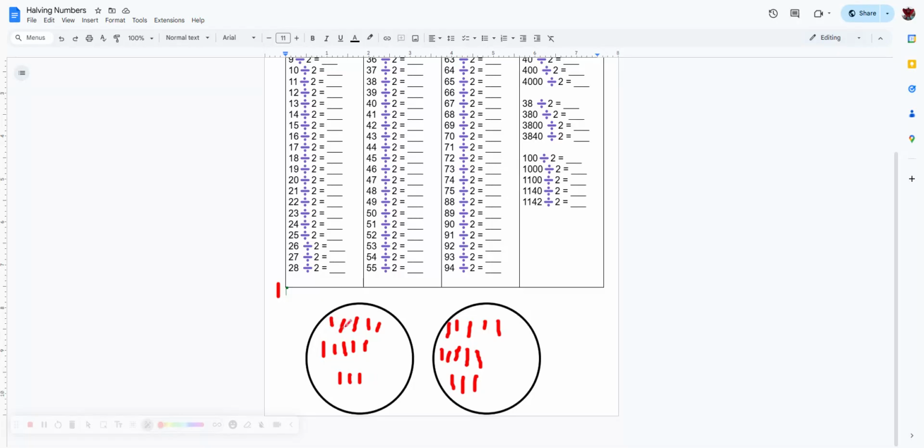All right, I reached 26. I've split 26 in half into 2 groups. How much is in each group? Well, 5, 10, 13. Okay, my answer, half of 26 is 13.